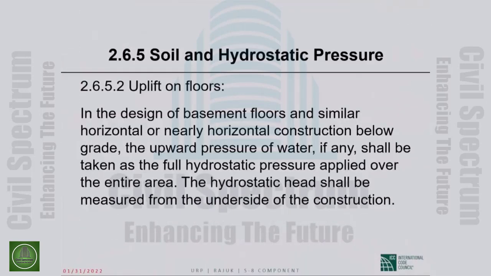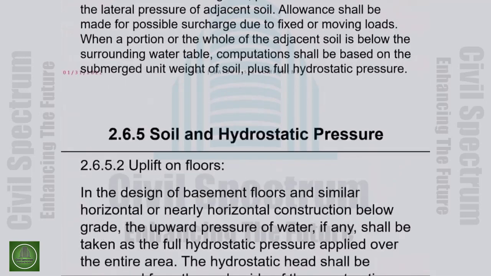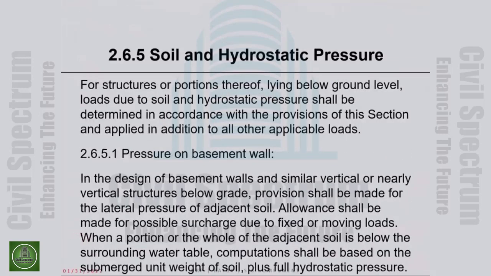So that would be the uplift of the floor due to the water underneath, that would also be typically treated as H rather than F, although that is a discussion in itself that we don't have time or luxury for today.